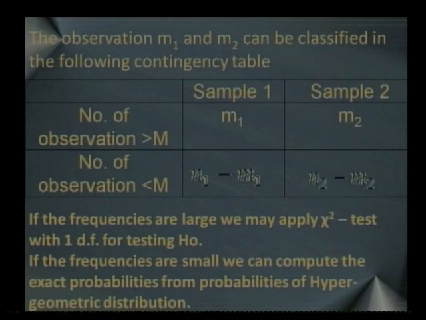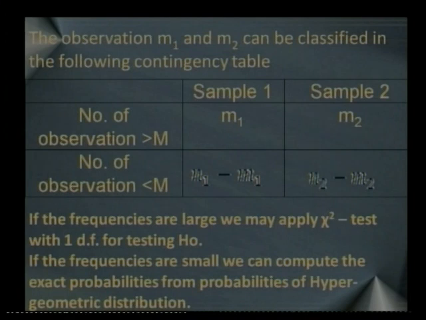So the same test can be written in the form of a contingency table. How can we define it? Here two samples are there, sample 1 and sample 2, and row-wise we calculate the number of observations greater than the median, which we write as M1.